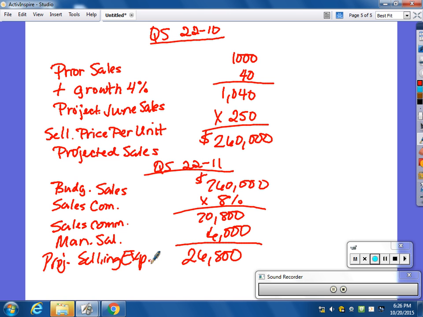And then what do you need to do next? Go to page 918 and look for a budgeted cash receipt. It says expected cash.